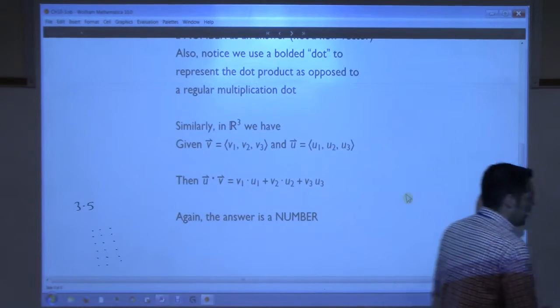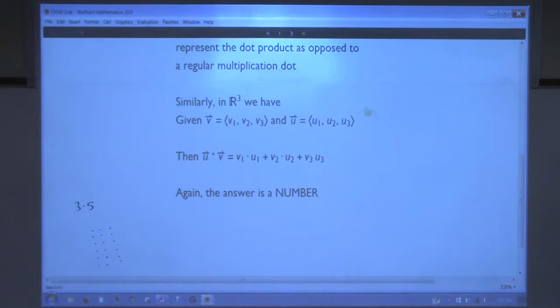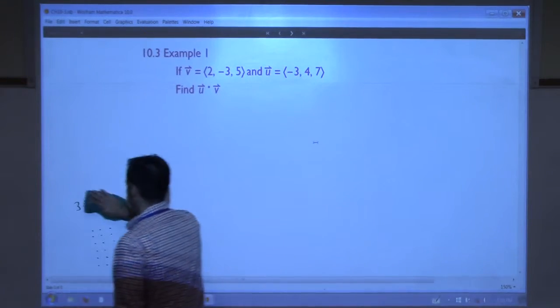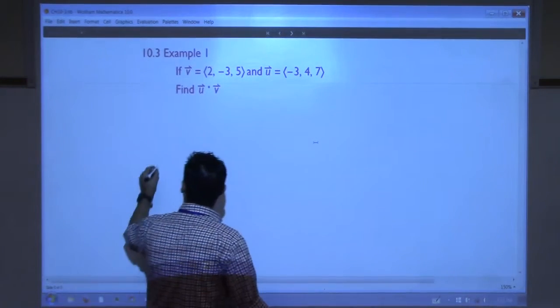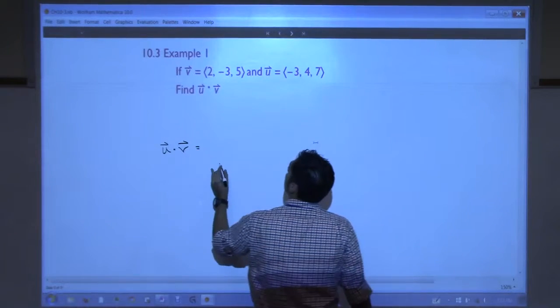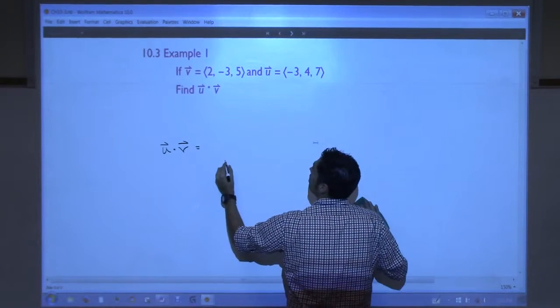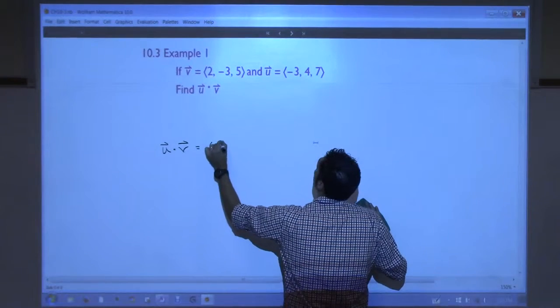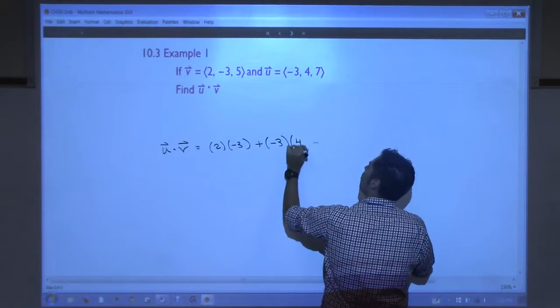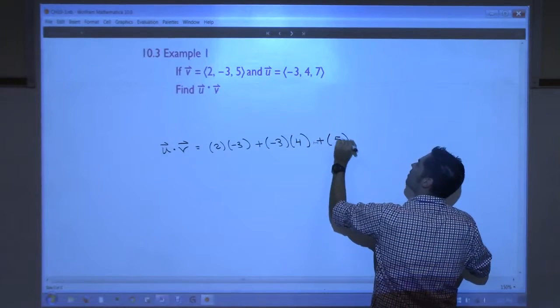Okay, but that's the mechanics of it. So a quick example. What's u dot v here? So I'll do this once, long notation. 2 times -3 plus -3 times 4 plus 5 times 7, right?